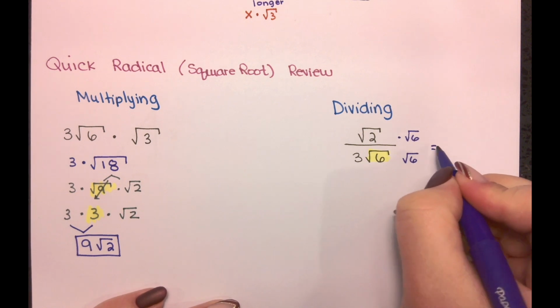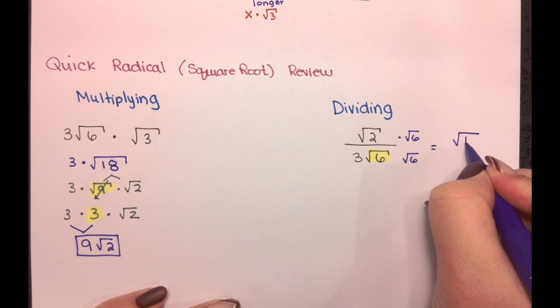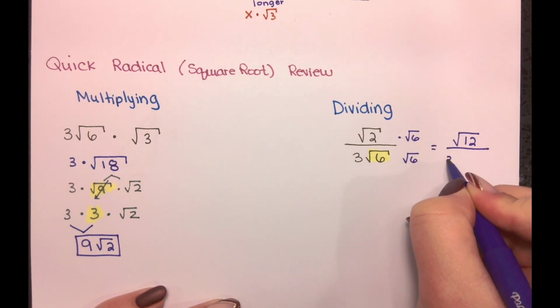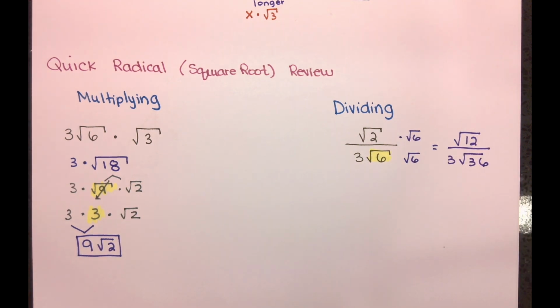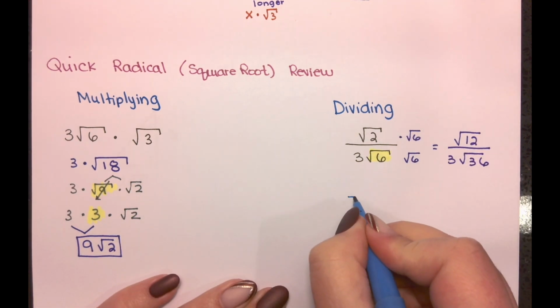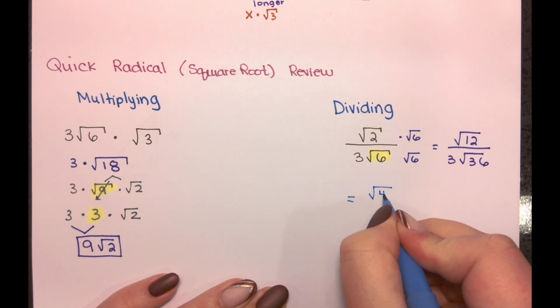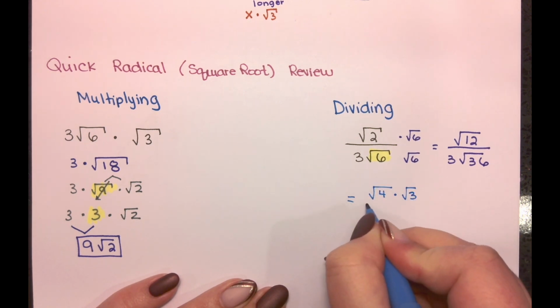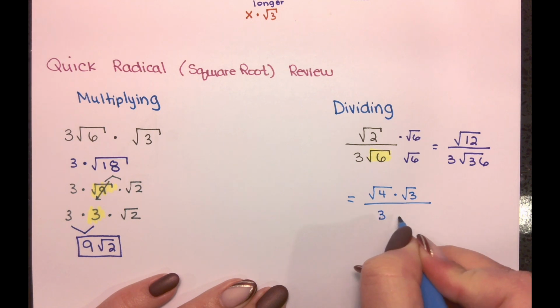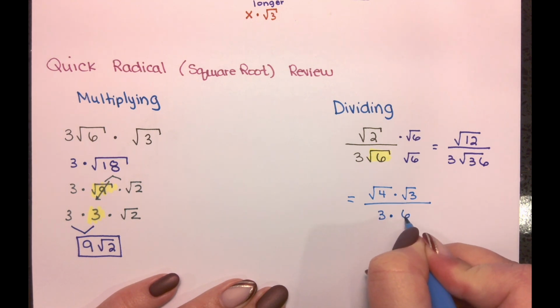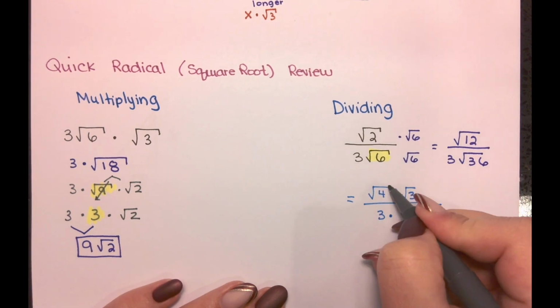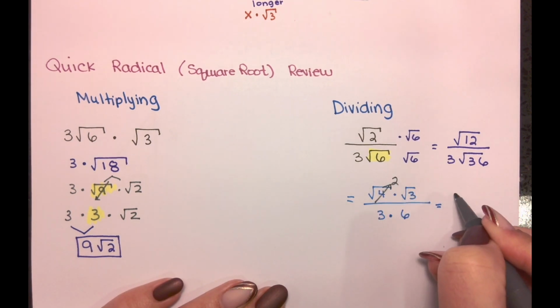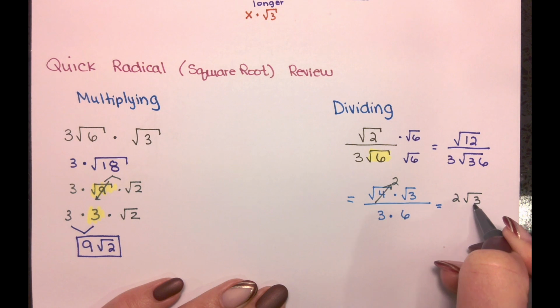It's going to stay. 6 times 2 is 12. 6 times 6 is 36, and now we simplify. In the numerator, 12 can be rewritten as 4 times 3. In the denominator, square root of 36 is 6. Again, keep simplifying. Square root of 4 is 2, so we have 2 times square root of 3.